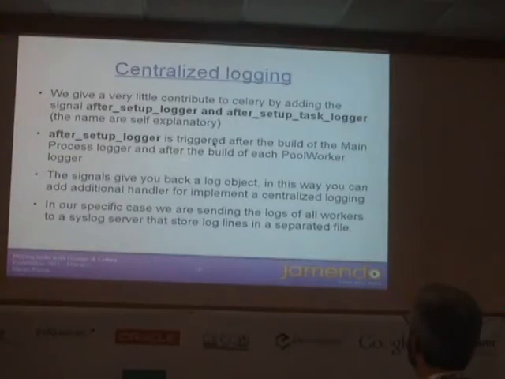And then you can add your handler and you can extend it without rewriting anything. Of course, in Celery, as you saw before, you basically have three main loggers. The single logger of the task, the logger of the main process, and the logger of the single pool worker.